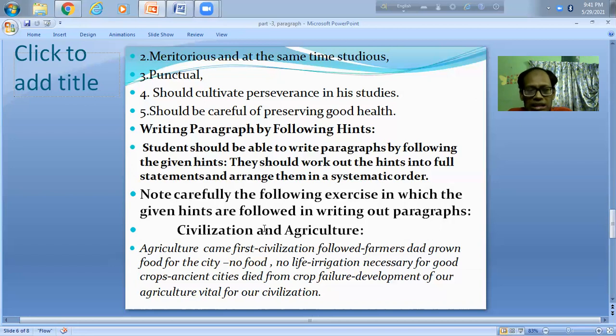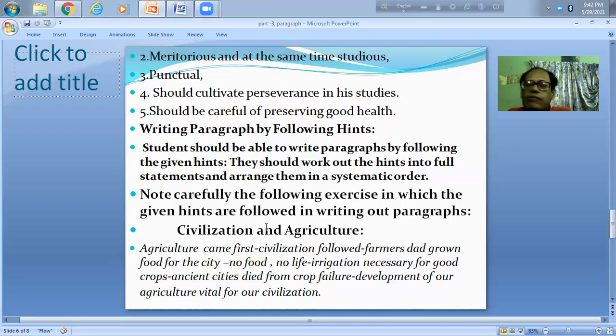paragraph called civilization and agriculture. So the hints are: agriculture came first, civilization followed, farmers had grown food for the city. No food, no life, irrigation necessary for good crops.